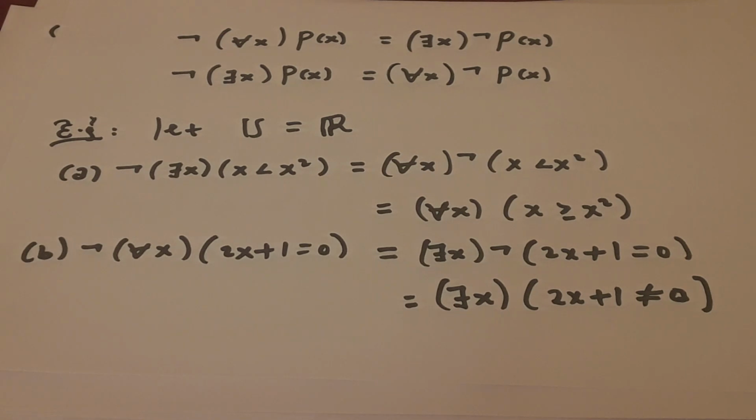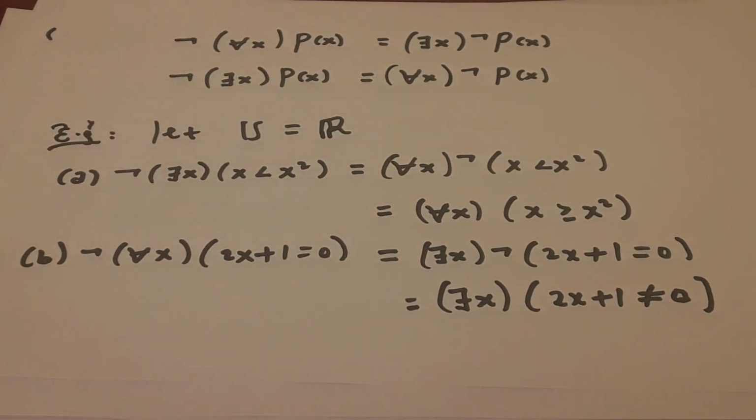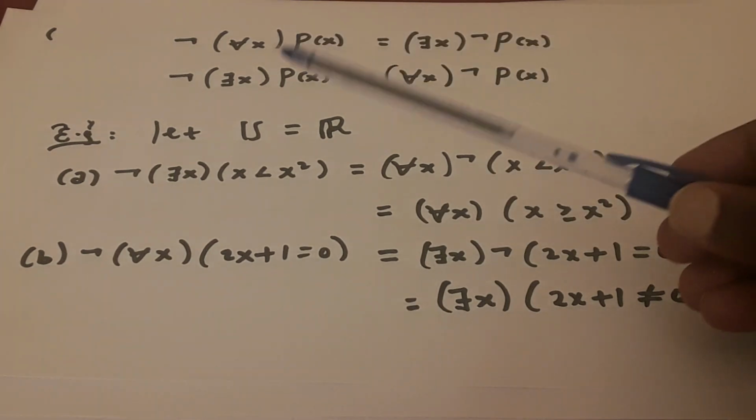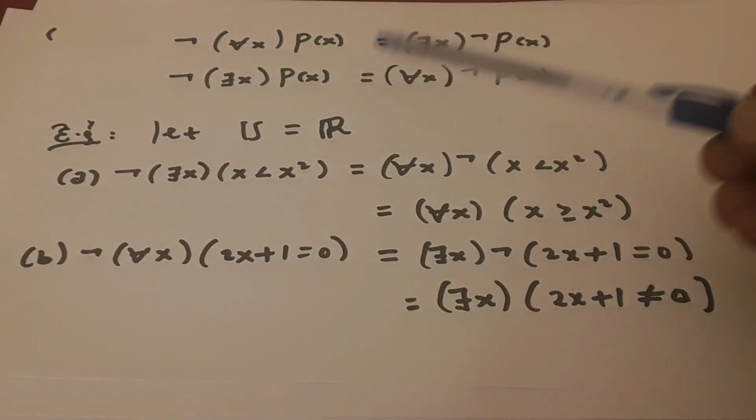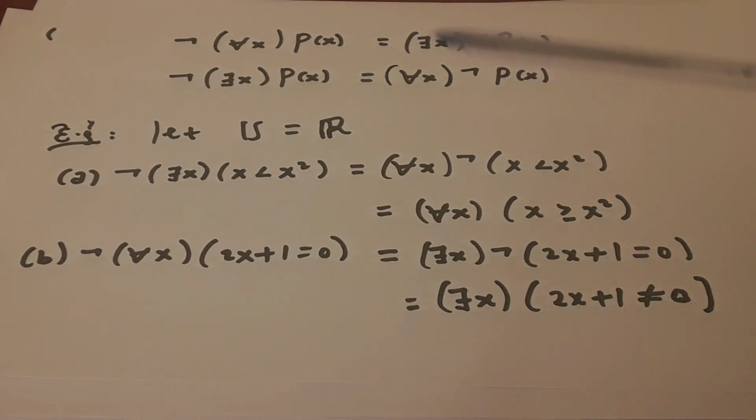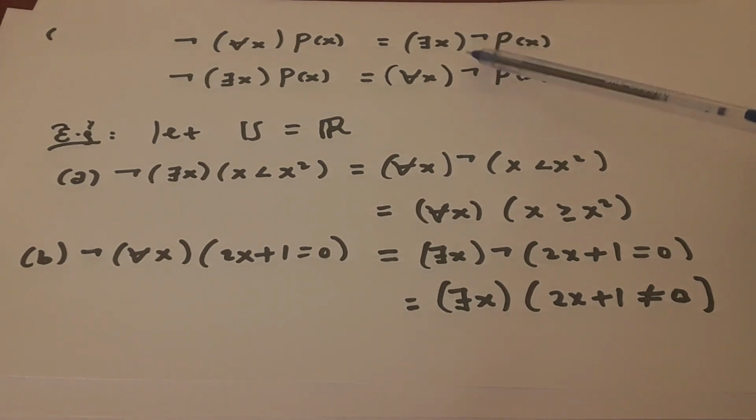It is kind of tricky to memorize this form: negation of the upside down A, and the backward E, again negation of P.